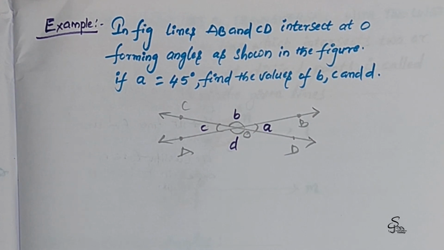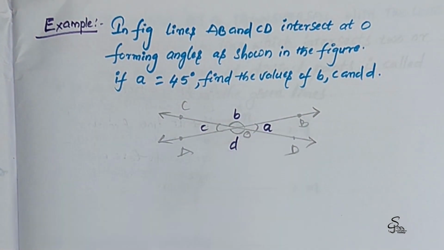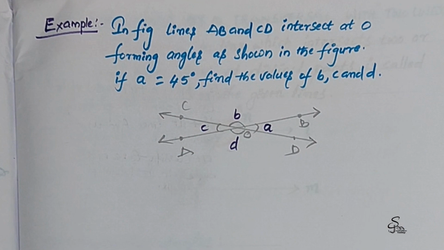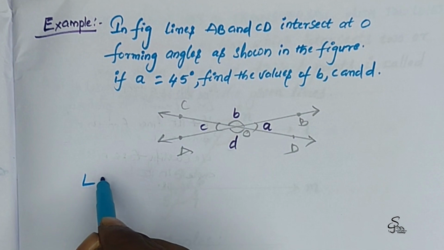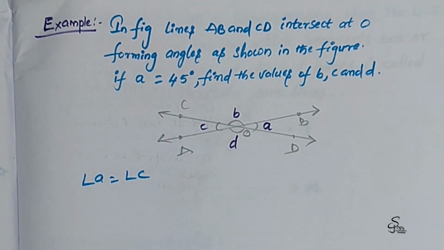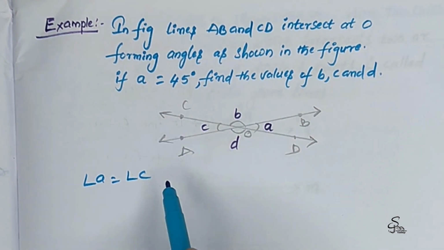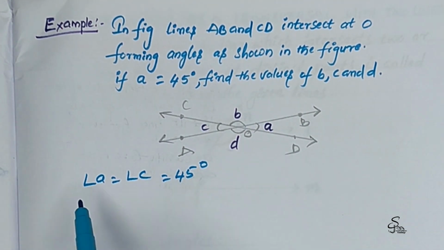If angle A is equal to 45 degrees, find the values of angles B, C and D. Since lines AB and CD intersect at O, angle A is equal to angle C, as they are vertically opposite angles. So angle C is equal to 45 degrees.